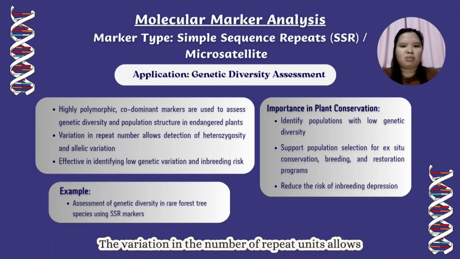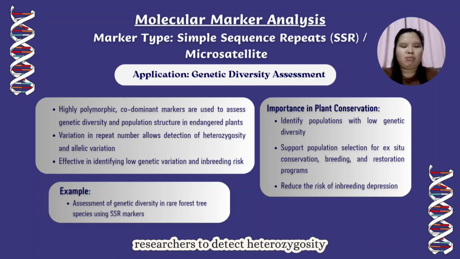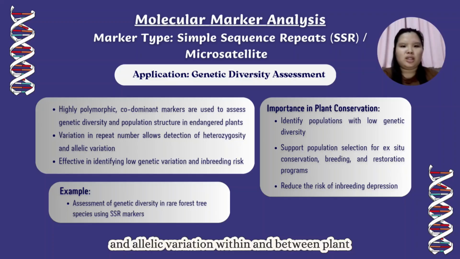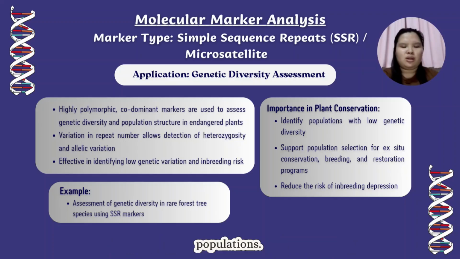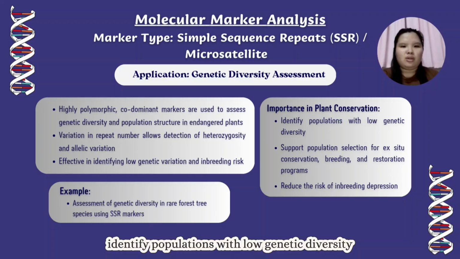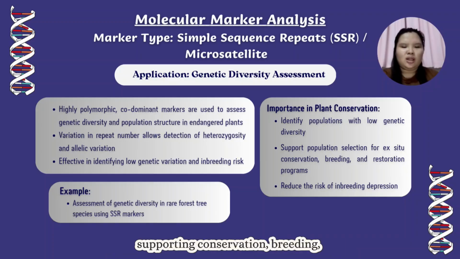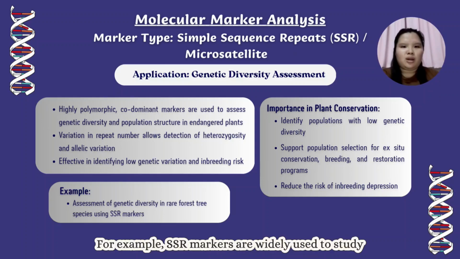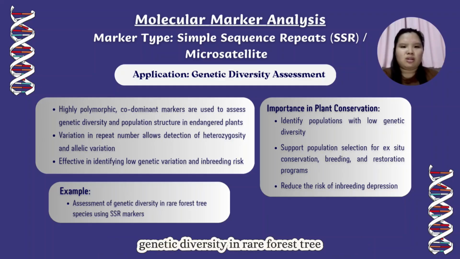The variation in the number of repeat units allows researchers to detect heterozygosity and allelic variation within and between plant populations. This helps identify populations with low genetic diversity and inbreeding risk, supporting conservation breeding and restoration programs. For example, SSR markers are widely used to study genetic diversity in rainforest tree species, helping to guide conservation and management decisions.